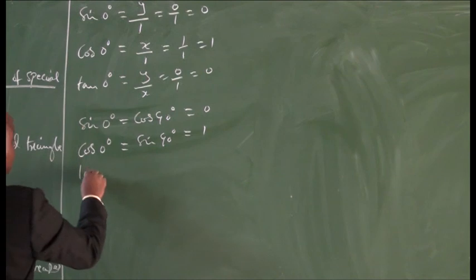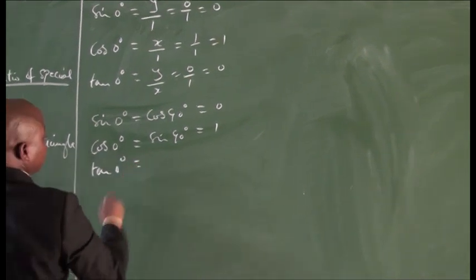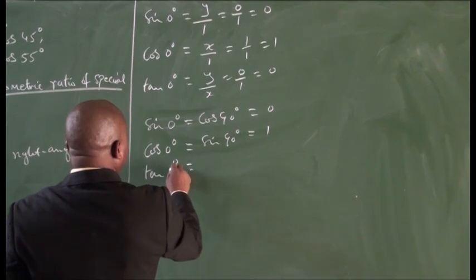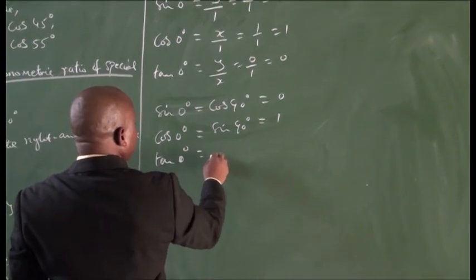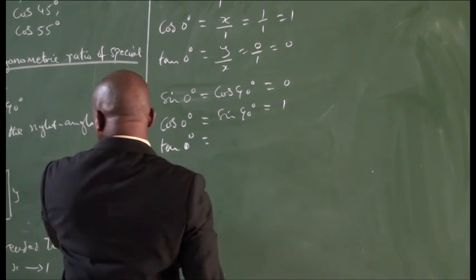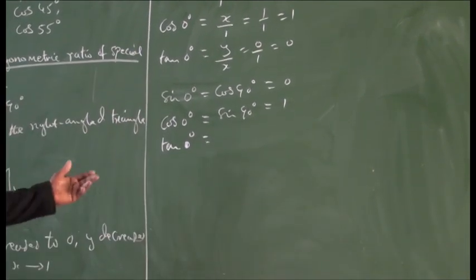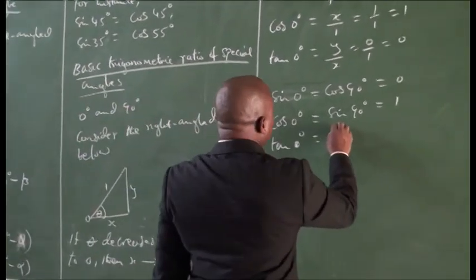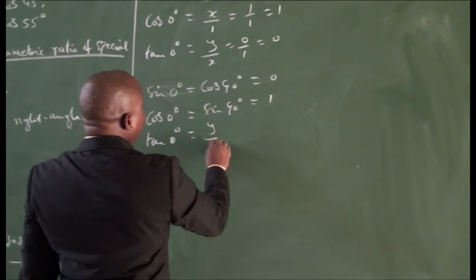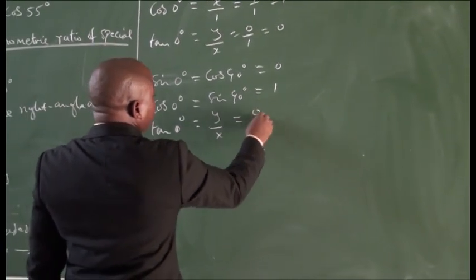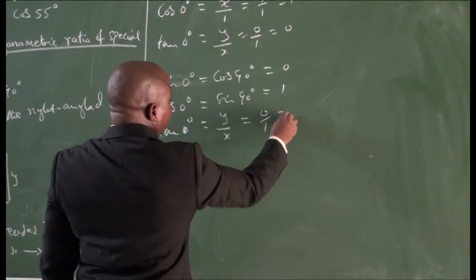Tan 0 degrees equals 0, because y over x is equal to 0 over 1, like we have said, which is 0.